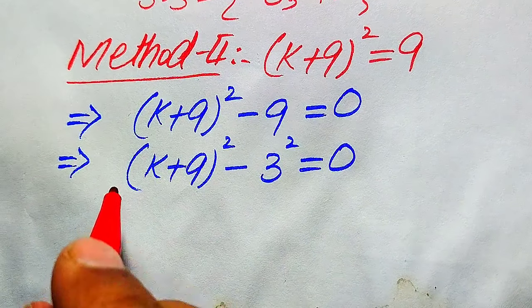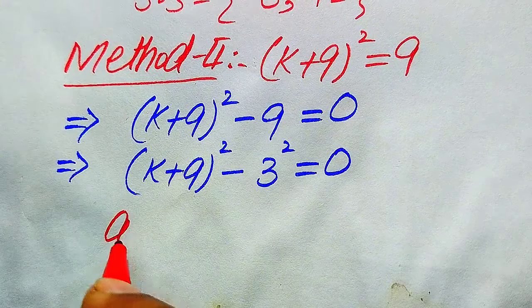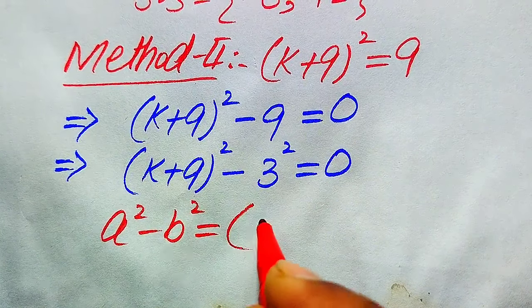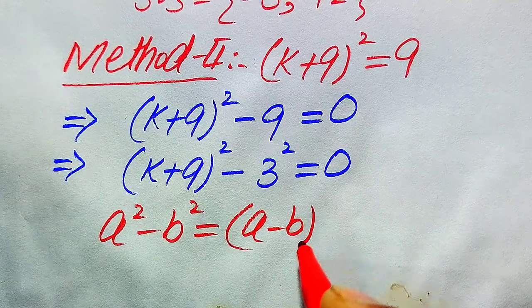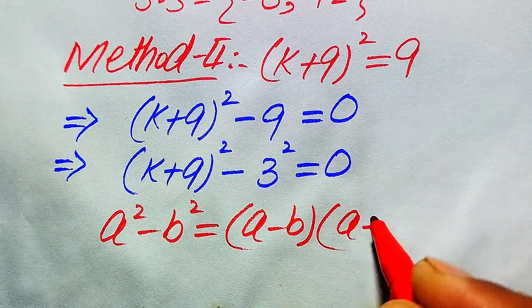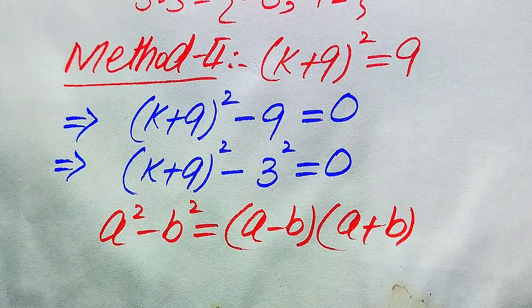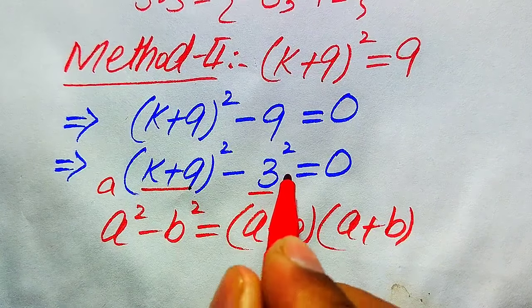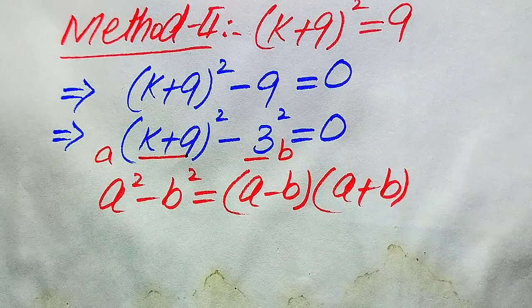And here we use another algebraic formula. You know that if we have a squared minus b squared, it is equal to (a minus b) times (a plus b). You see here the base of this term is our a and the base of this term is our b.